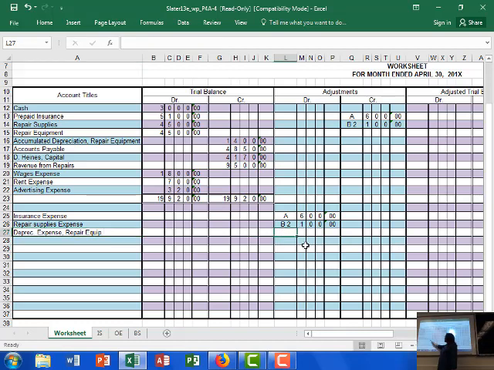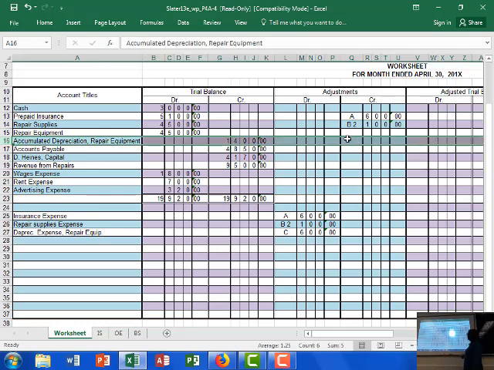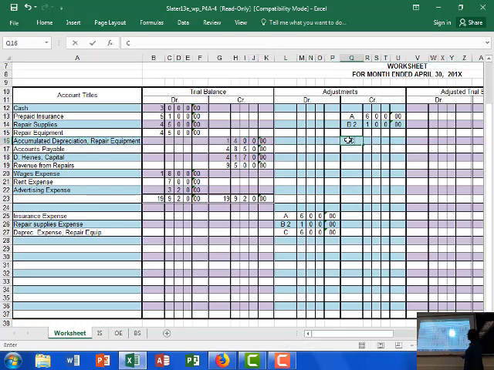So again, because the depreciation expense is a debit, we're going to debit that for $600 in our adjustment column. And now, we're going to credit, not the repair equipment, because remember, that's a historical value. We're going to then credit the accumulated depreciation for $600.